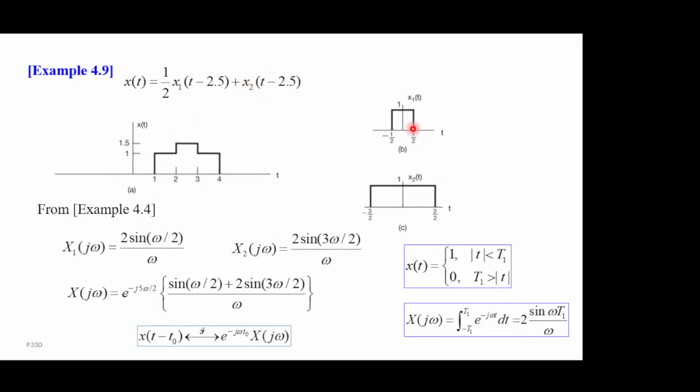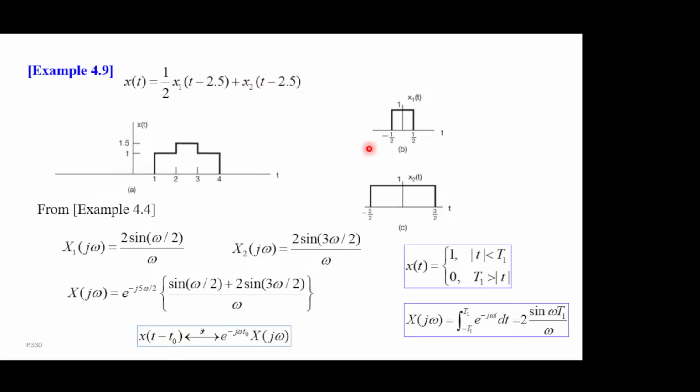Okay, so x1 plus x2, and also it is shifted, because this center is t equals 0, but this is center t equals 2.5, so we shift by 2.5 here. So this is a linear combination of those two square wave functions with scaling and a shift of 2.5.